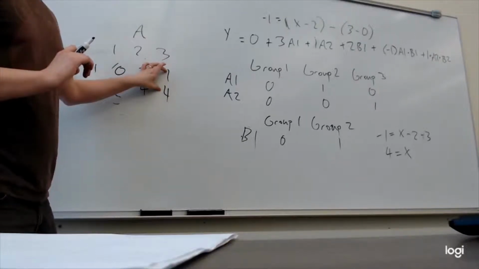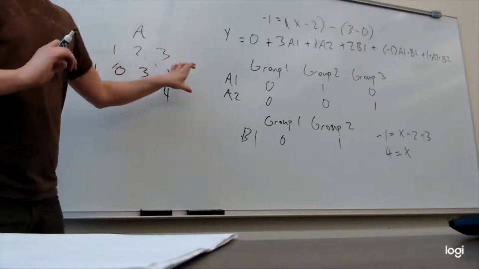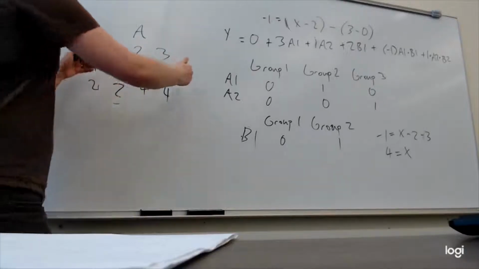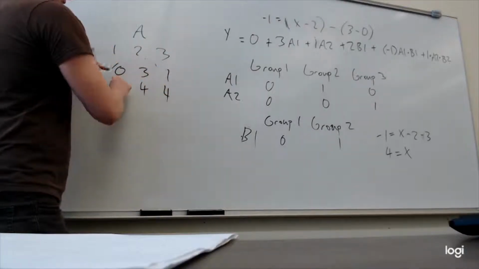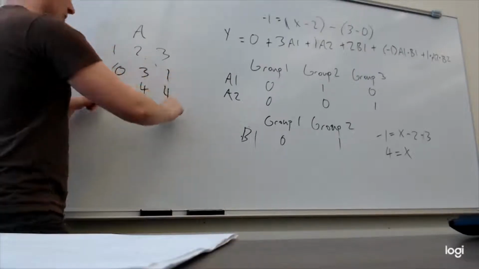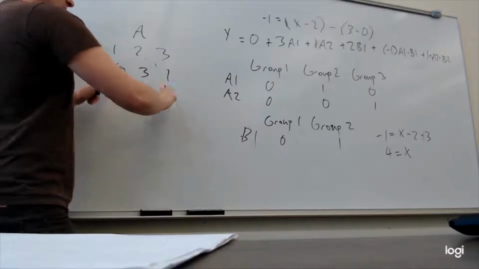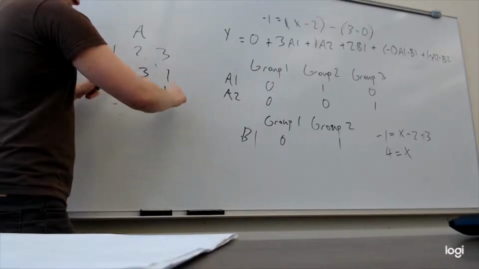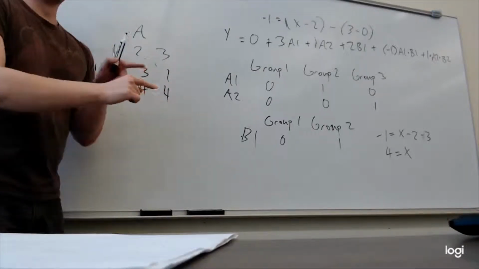Well, it goes up by 1. We go from a difference of 2 to a difference of 3. Or alternatively, it tells us how does the difference between 0 and 1 change if we go here? Well, the difference between 0 and 1 is 1. The difference between 2 and 4 is 2. Goes up by 1.